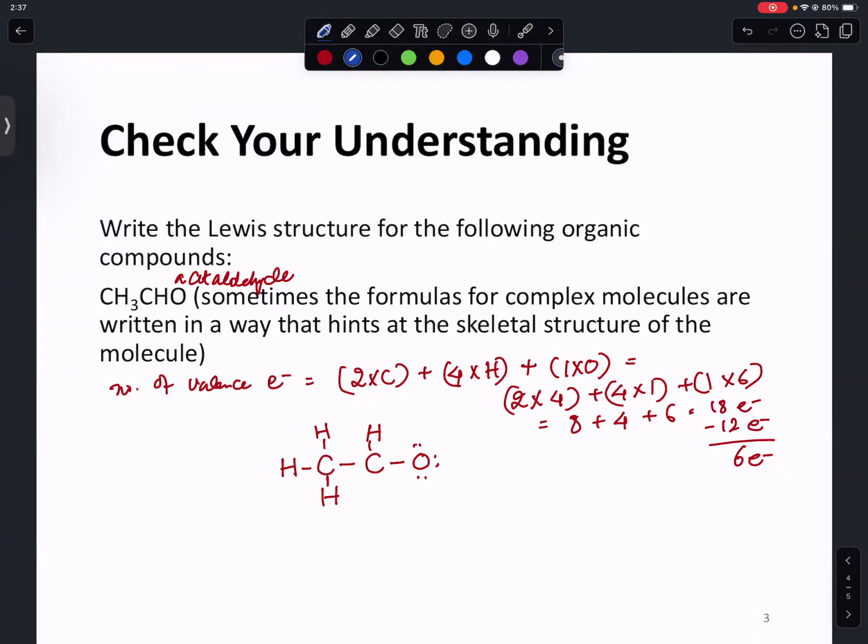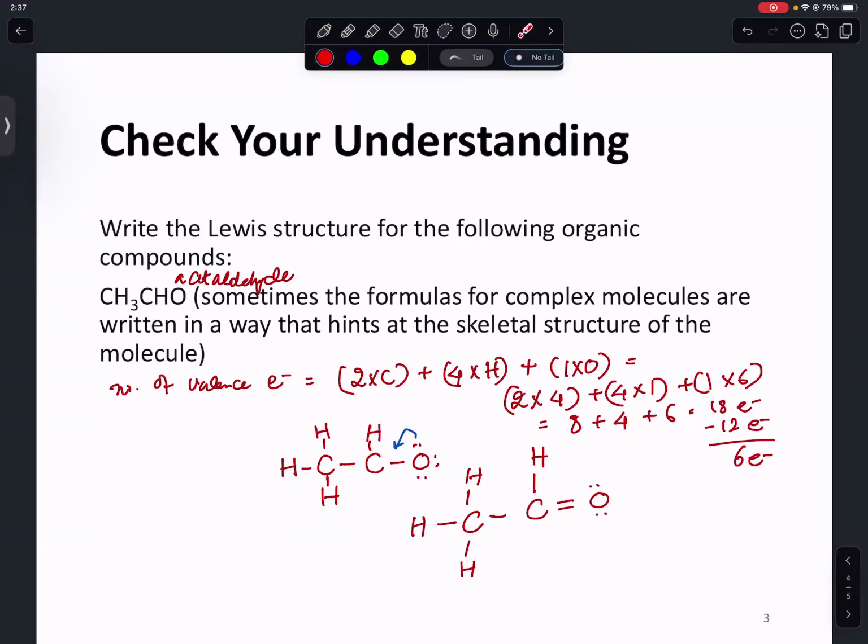As we did before, the oxygen is going to donate a lone pair, and this is going to be the new Lewis structure. Sorry, this is a random dot. So this is going to be the new Lewis structure.